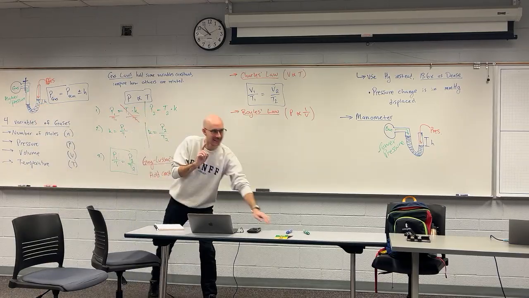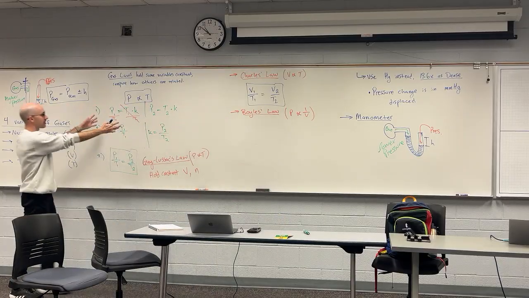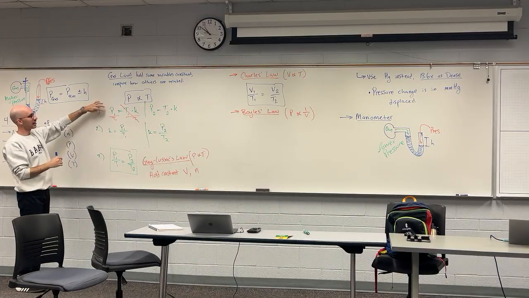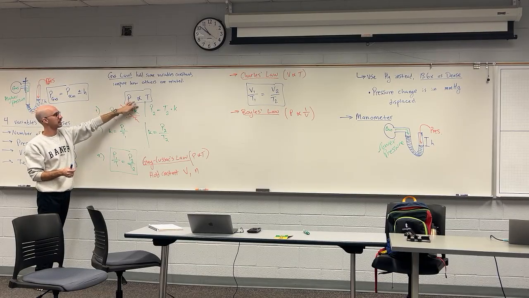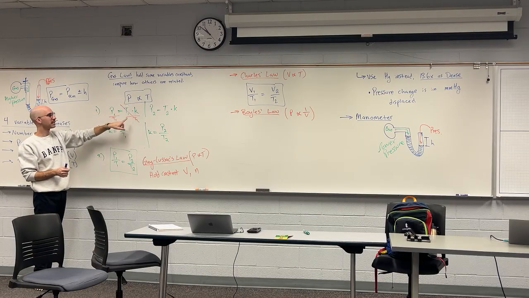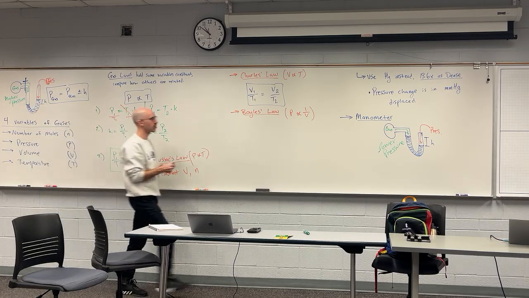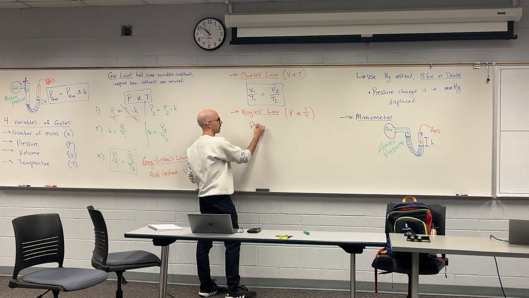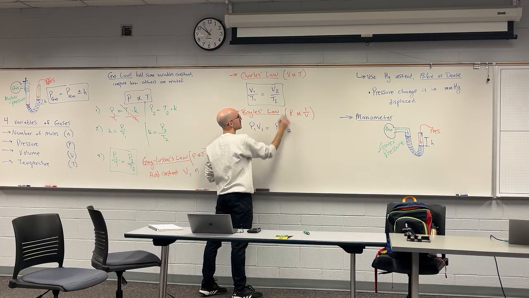So now we get a different equation. We could go through and give the same proof. We could say that P1 is equal to 1 over V1 times K, which means instead of dividing by T1, I'd need to multiply by V1, and the equation that I get is P1 times V1 is equal to P2 times V2.